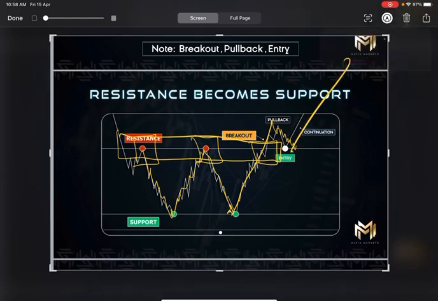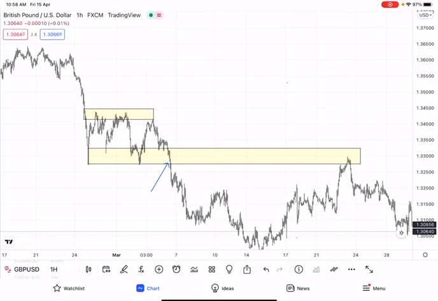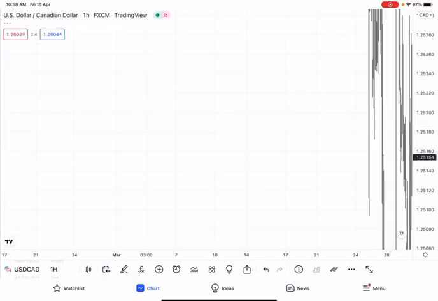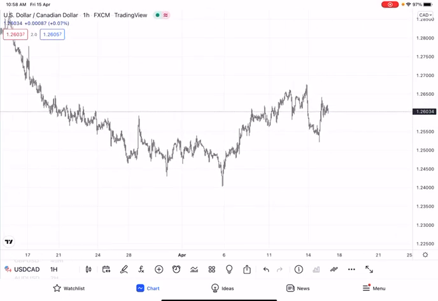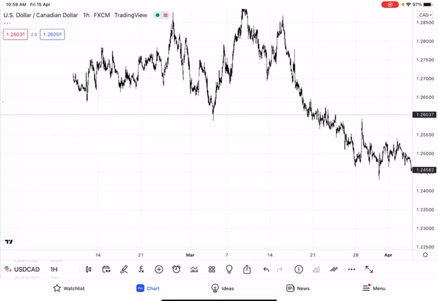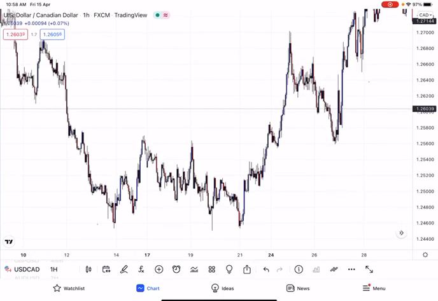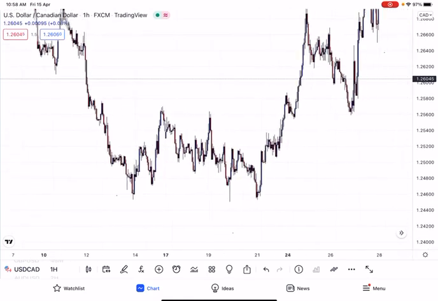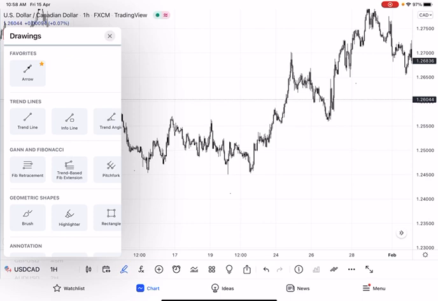Let's have a look at the chart. USD, United States dollar to Canadian dollar. Okay, let's have a look at the chart, guys, and try to find our support and resistance first. There you go. Okay, let's draw.